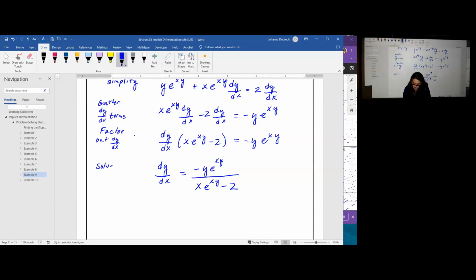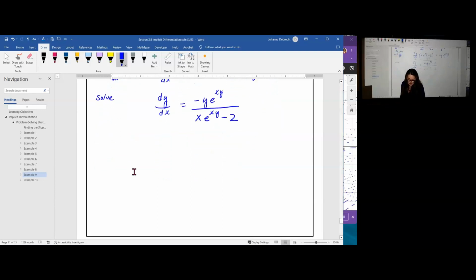It is tempting to want to cancel the e to the xy's. The one in the denominator has 2 subtracted from it, which means that it's part of a term. Unless it's common to every term in the denominator and you can factor it out, then you cannot cancel it.